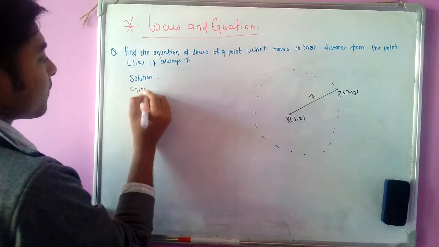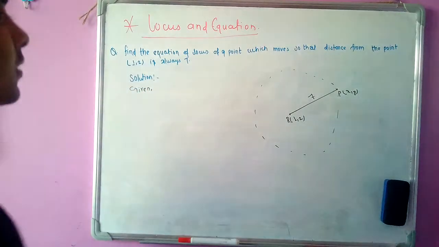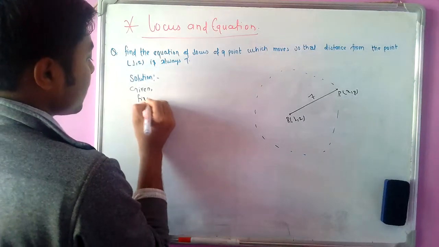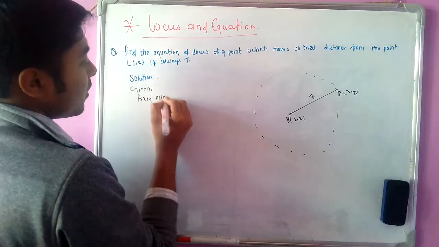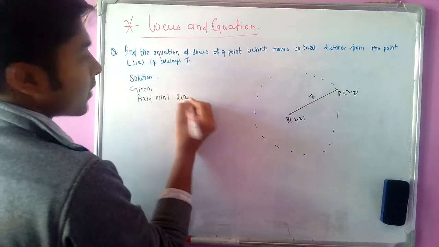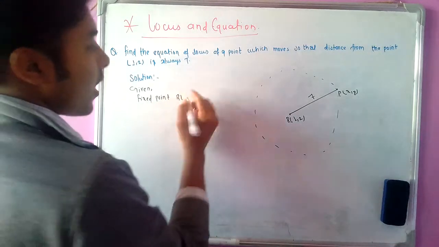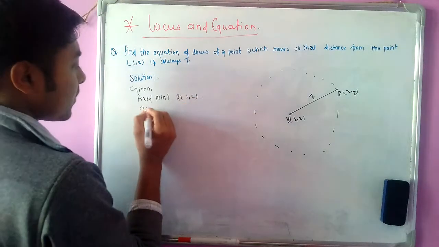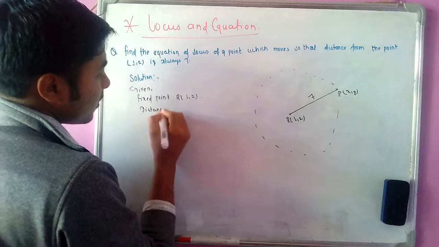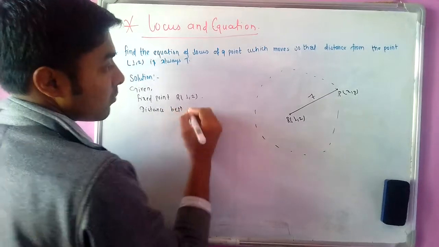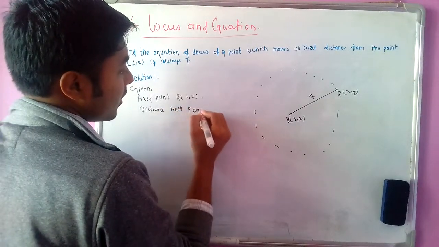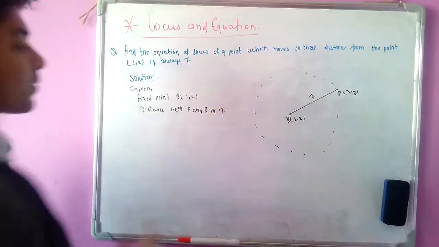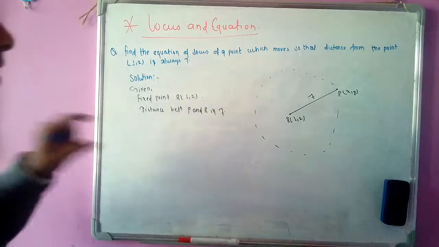Given: R is a fixed point (1, 2), and the distance between P and R is 7.